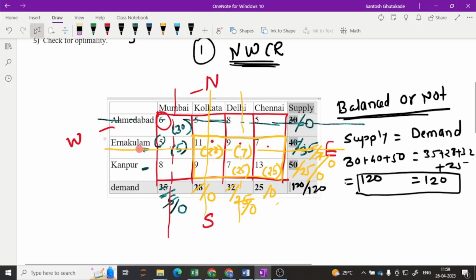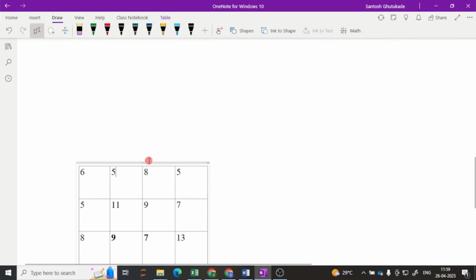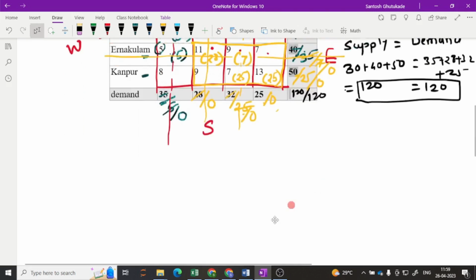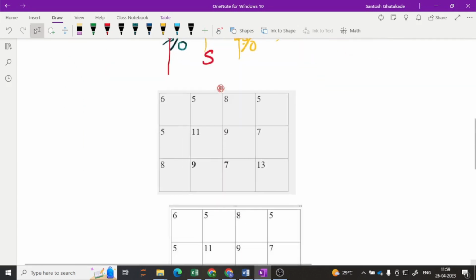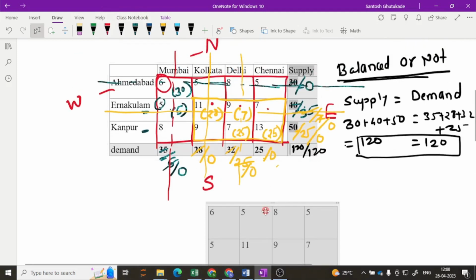I will put this allocation in the next matrix. I will copy these allocations here. I have prepared this matrix already. So I will put the matrix here and we will put the allocations that we have given. At this 6 location the allocation is 30.